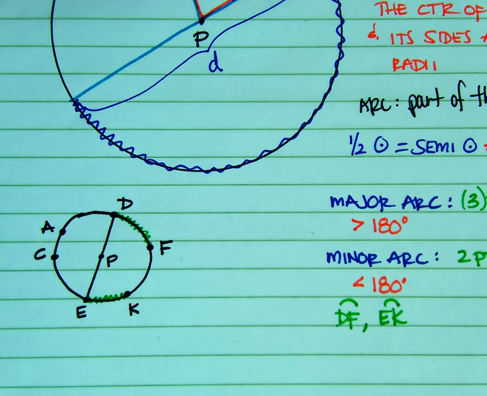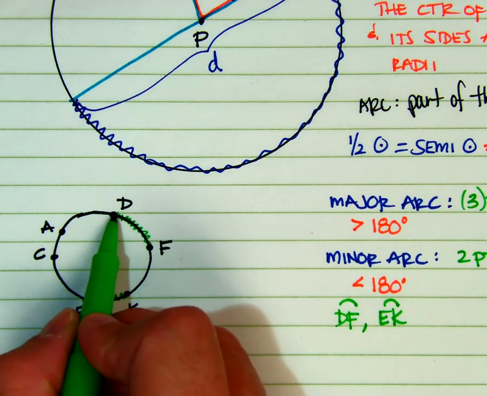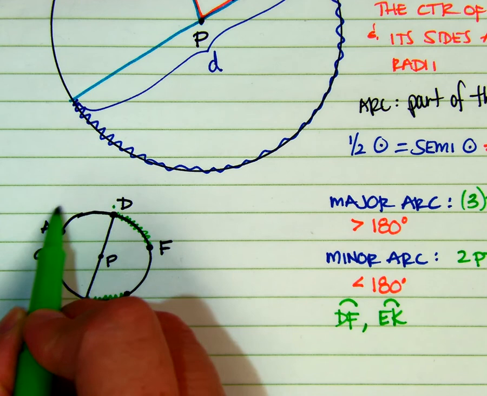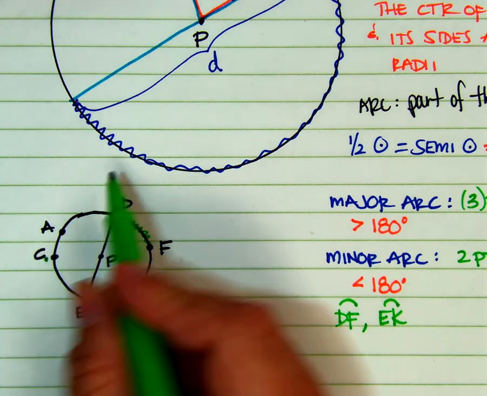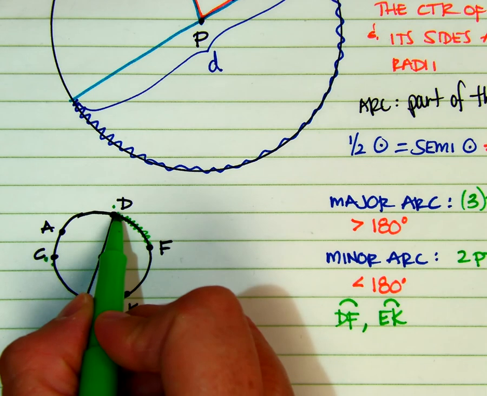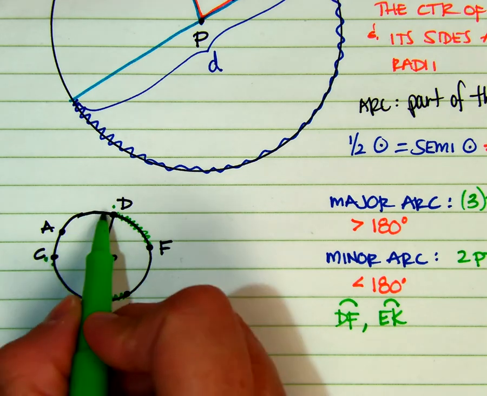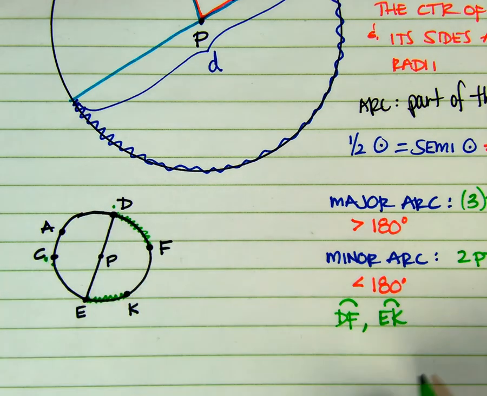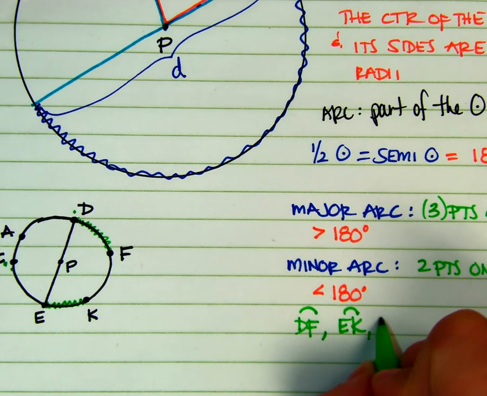So notice I'm putting a little arc symbol up there. I could be talking about from D to C. I do not list the A because I know from D going all the way to C, it is clearly less than half a circle. So I could say arc DC as well.